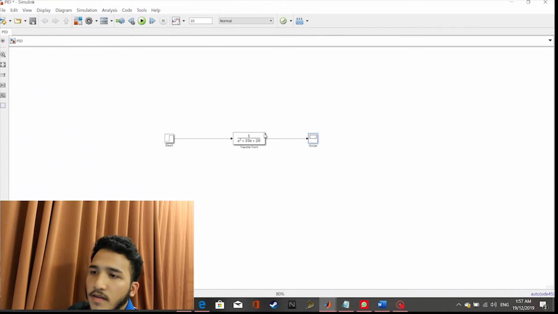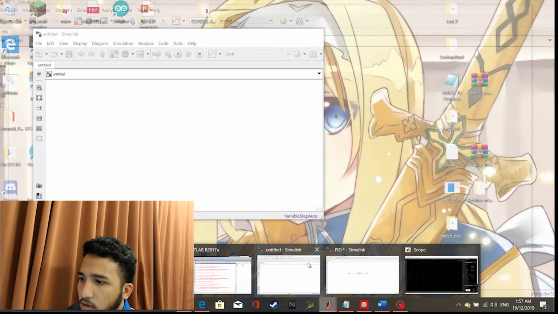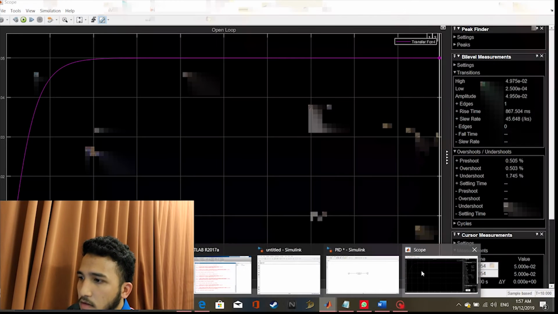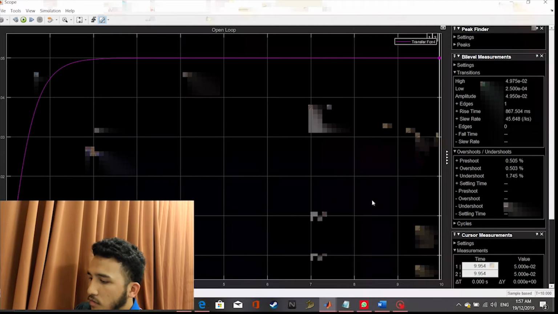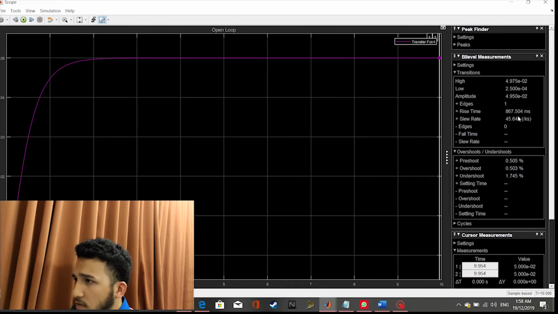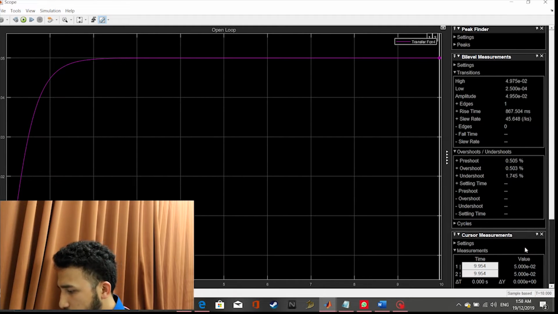Okay, first this is our circuit, and after we run the circuit we get this graph. So the rise time of the graph is 0.867 and the final value is 0.05 and the overshoot is 0.5.